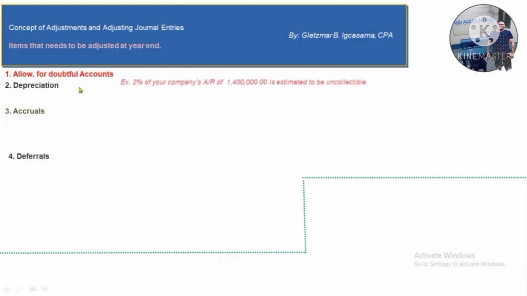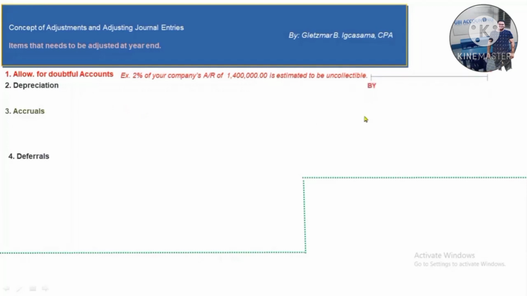We have an example here which states that 2% of your company's accounts receivable of 1.4 million is estimated to be uncollectible. The entry for this at year end is of course debit doubtful accounts expense of 28,000 and credit allowance for doubtful accounts 28,000, which is 2% of the 1.4 million.